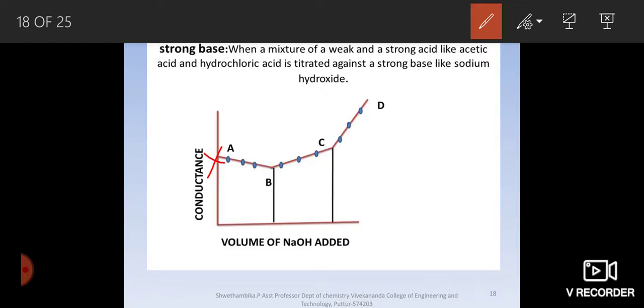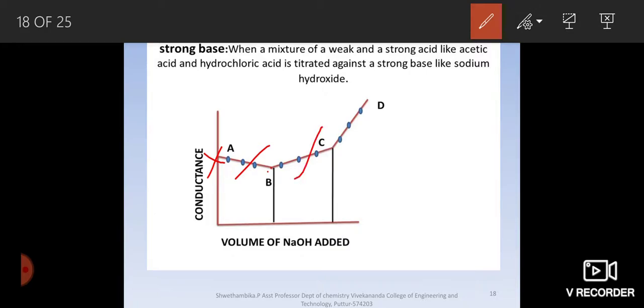Let us proceed now. The first point A, due to the highly mobile H plus ions, high conductance is observed. The line AB accounts for the neutralization of HCl, so conductance falls as H plus is replaced by Na plus. At point B, all HCl is neutralized.